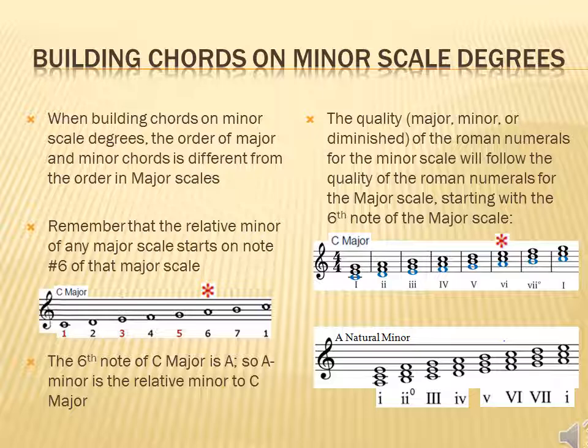In A natural minor, we have minor 1, diminished 2, major 3, minor 4, minor 5, major 6, major 7, and back to minor 1.